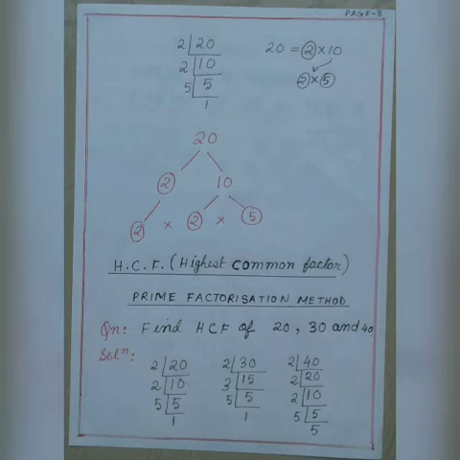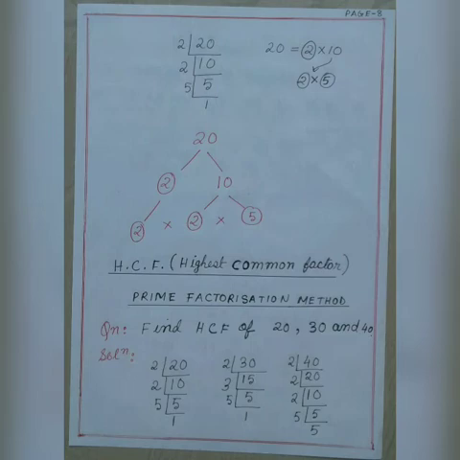20 in the first row. 20 is split into two factors, 2 and 10. Then 2 is a prime number, so we leave it there itself. Again, 10 is not a prime number.